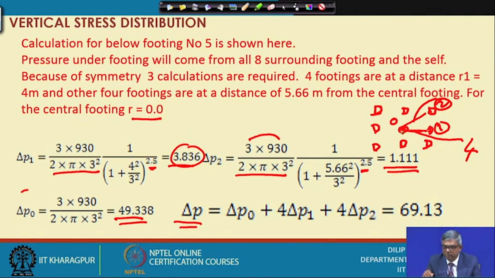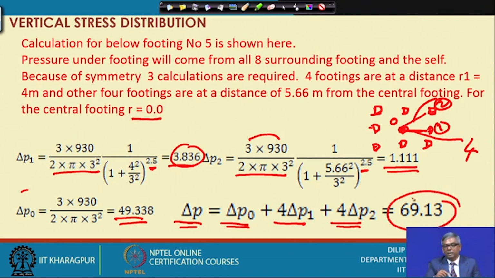I have to find the pressure because of this footing only, at the center, and then apply the 8 footings. So, delta p will be delta p naught plus 4 delta p 1 plus 4 delta p 2, because 1 2 3 4, similarly 1 2 3 4. So, you are getting 69.13.